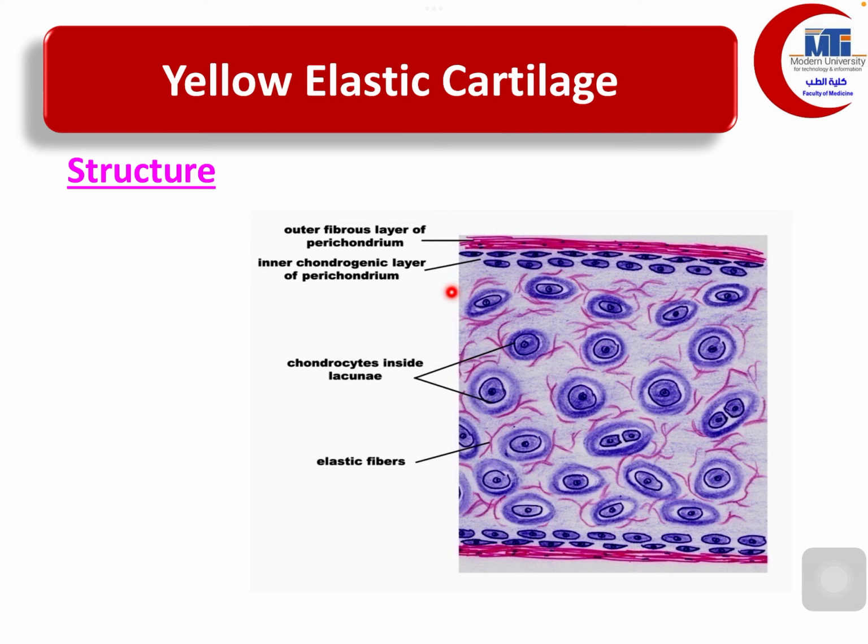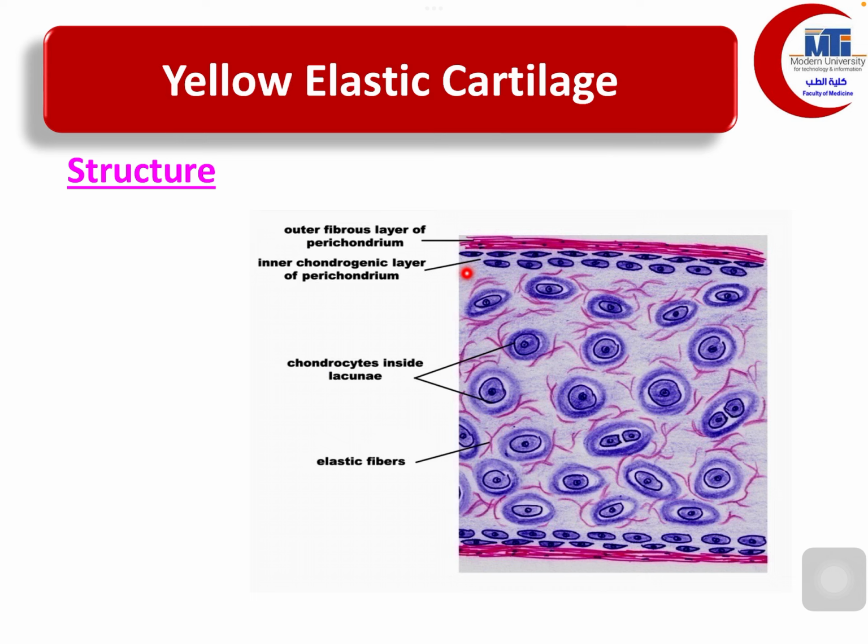So if we recap the structure of the yellow elastic cartilage, we will find it covered by the perichondrium, which forms the main covering of the different types of cartilage tissue, as we mentioned before. And we also mentioned that this perichondrium layer is not present in the white fibro cartilage, which we are going to discuss later on.